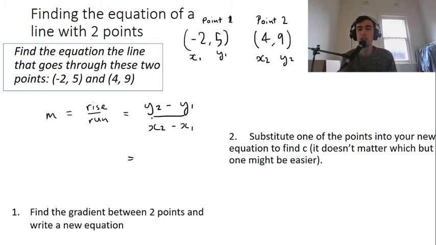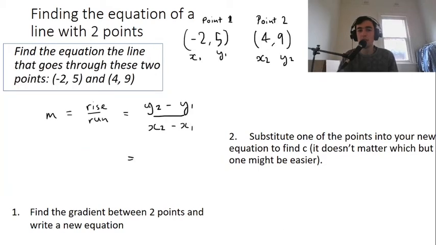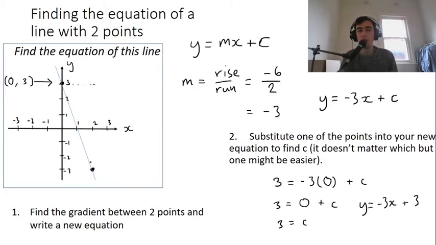But before we do that, I want to help you understand why we got this equation in the first place, which is really the same thing as what we did here. So y2 minus y1. Let's say, before I said the rise was, sorry, negative 6.